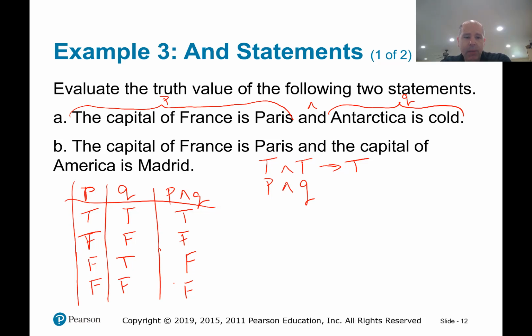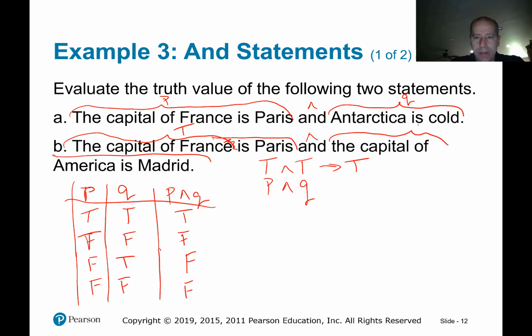What about B? B says the capital of France is Paris and the capital of America is Madrid. Well, we know that this statement here is true. And there's our and, and then of course the capital of America is not Madrid.